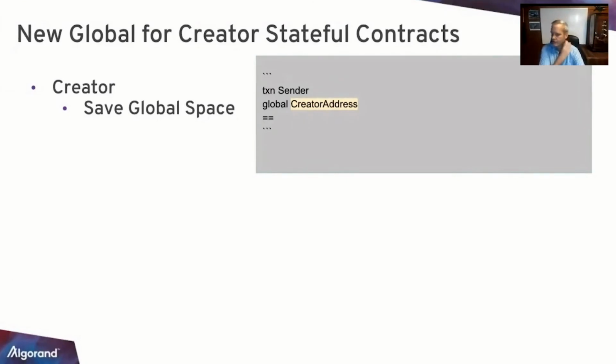The problem with that approach in previous versions of TEAL is we didn't have access to the creator address. So the first time you created the smart contract, we'd have to take the sender's address and store it off in global state, where you only get 64 key value pairs. So that was burning one of those immediately just to store the address of the creator. So now we have that as a global variable any time a stateful smart contract runs.